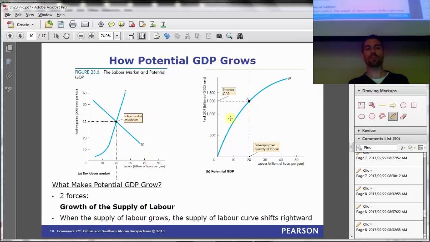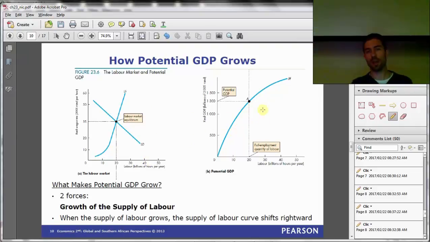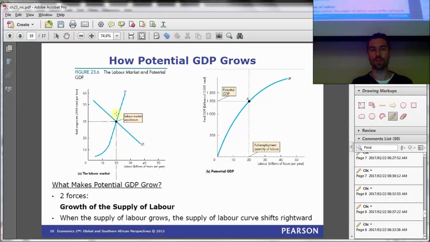So here we've got those two diagrams next to each other. I prefer to plot this diagram above this diagram so that the quantity of labor on this diagram lines up with the quantity of labor in this diagram. But the question is, if we are at this potential level of GDP, so potential GDP at full employment, how do we increase potential GDP?